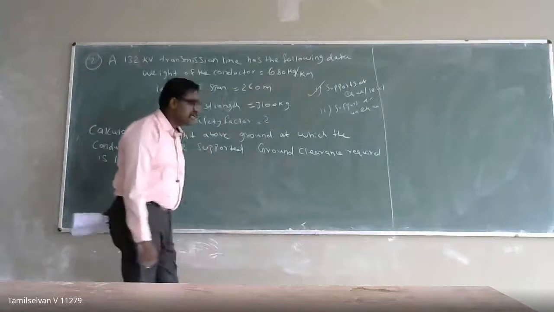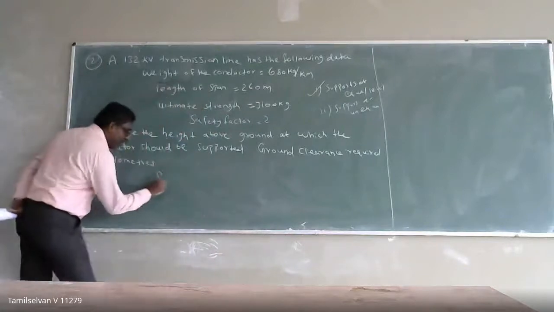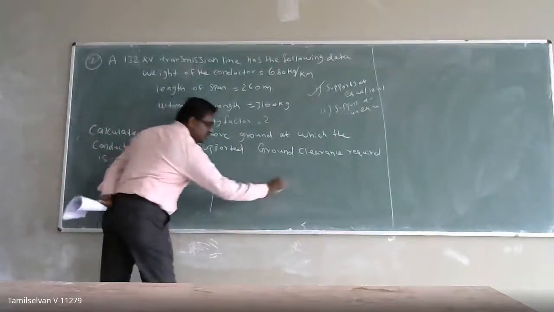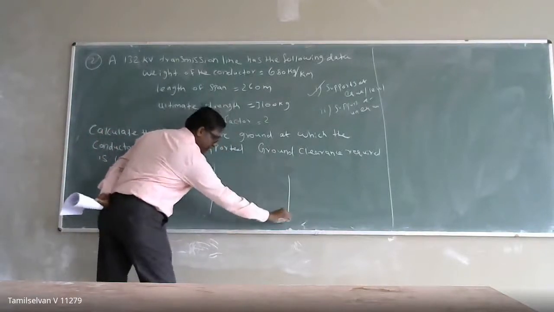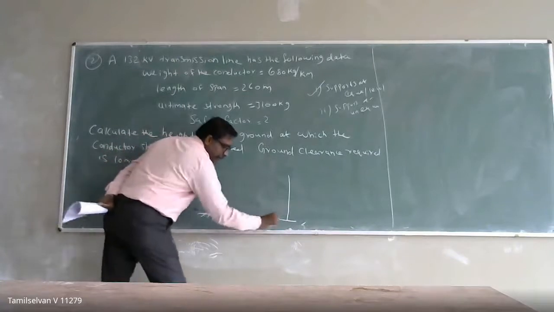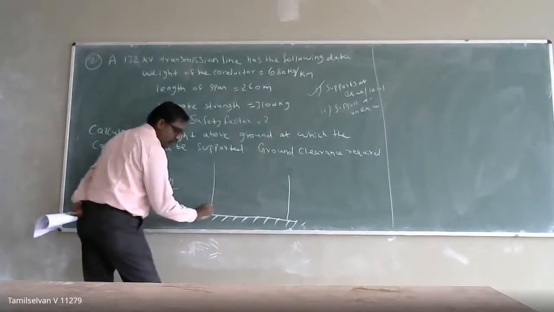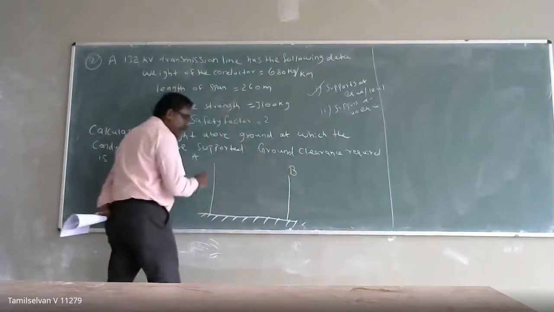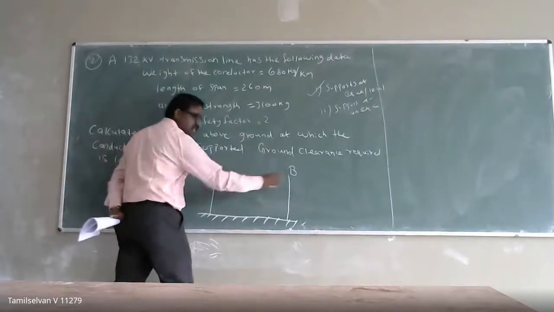I can draw this diagram. This is support A and this is my support B, and this is the ground. Between the supports, the conductor is not stretched fully.